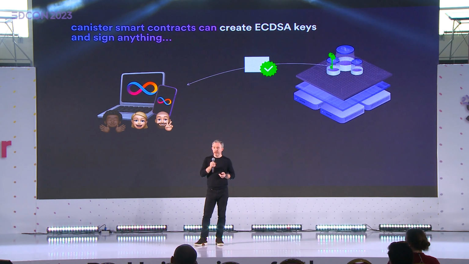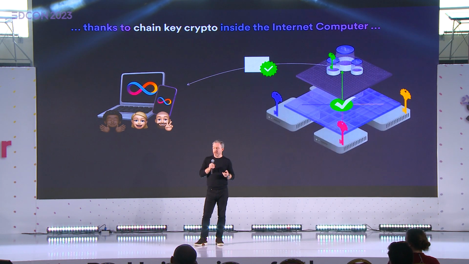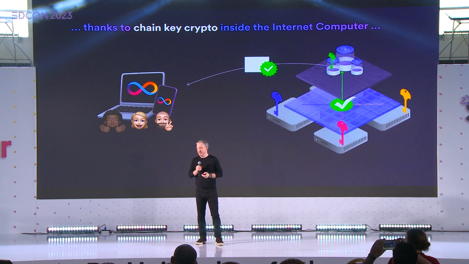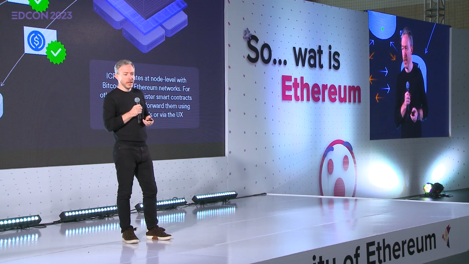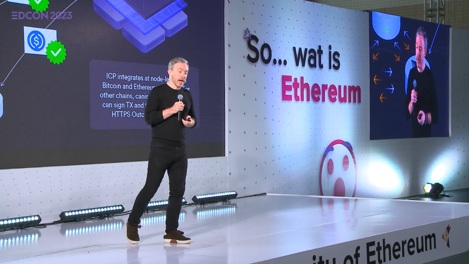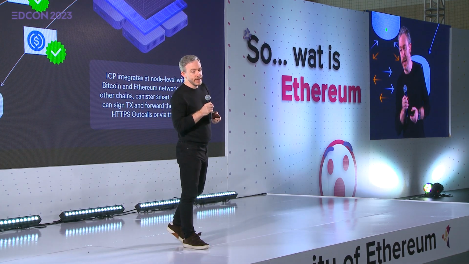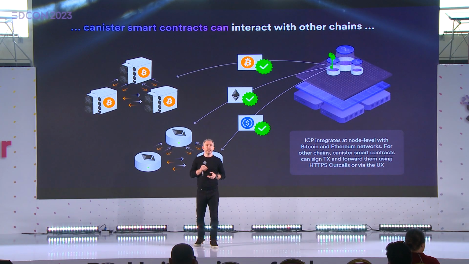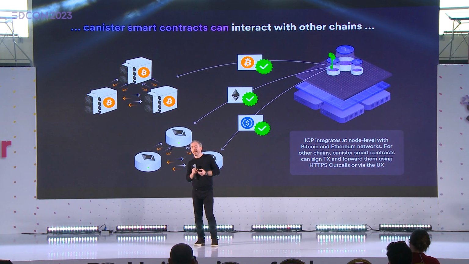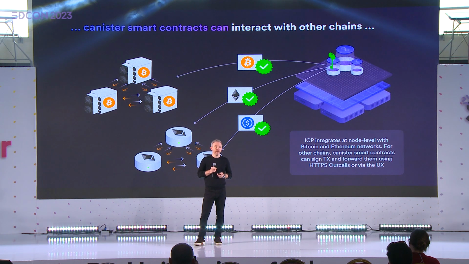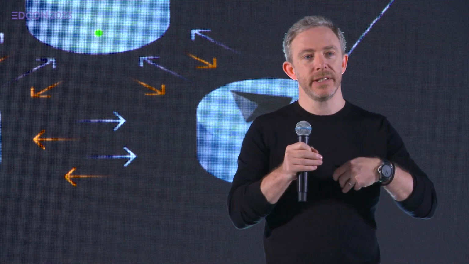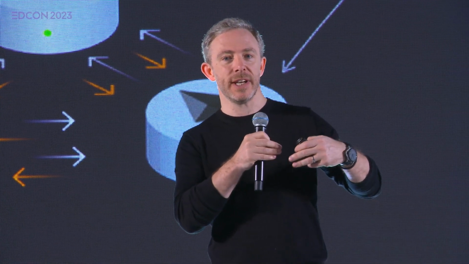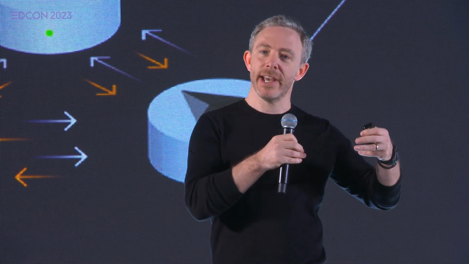And this means you can use a canister smart contract to sign pretty much anything. The other thing this makes possible is that the Internet Computer can enable canister smart contracts to interact with other chains without a bridge being involved, because the Internet Computer allows canister smart contracts behind the scenes to create transactions on other chains.